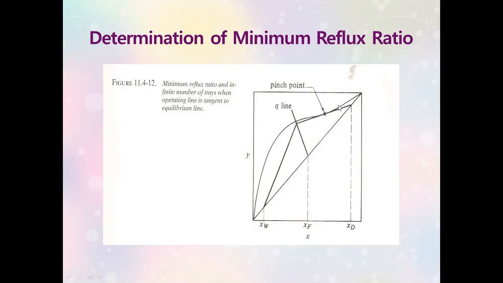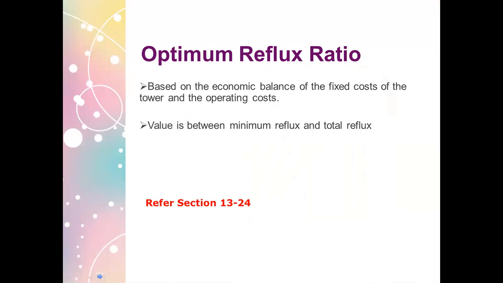You need the minimum reflux ratio for you to know the optimum reflux ratio. Now, speaking of the optimum reflux ratio, based on the economic balance of the fixed cost of the tower and the operating cost, we need the minimum reflux to come up with the optimum reflux ratio. The handbook gives us a range of value which is 20% to 50% more than the calculated minimum reflux.